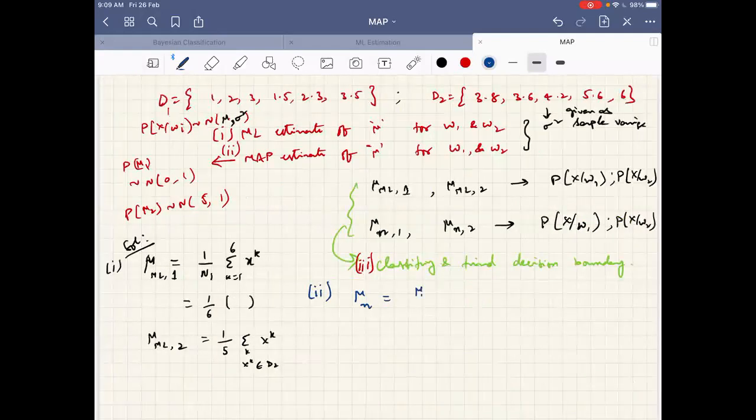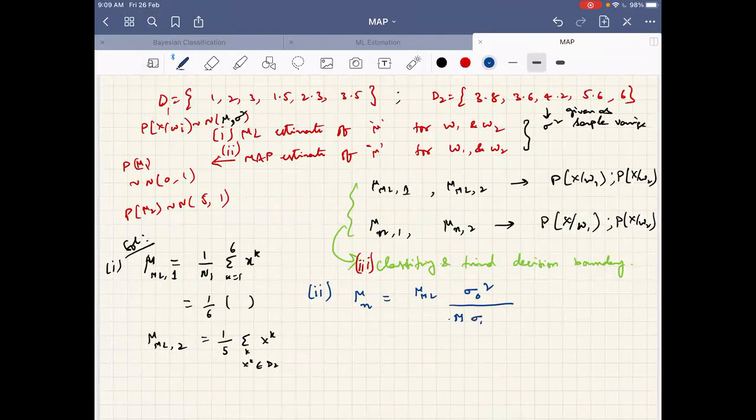So mu ML into sigma naught square by m times, or n times here. So it is n. I am writing m, but it is n1 and n2. For class 1 and class 2, m is different.